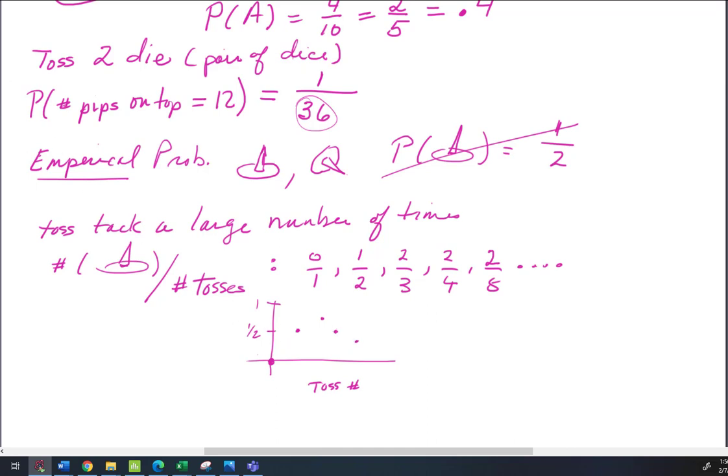So I could graph by connecting the dots. But eventually that graph, while it will jump around at first, will not have the power to do much jumping as we get out here toward a large number of tosses.